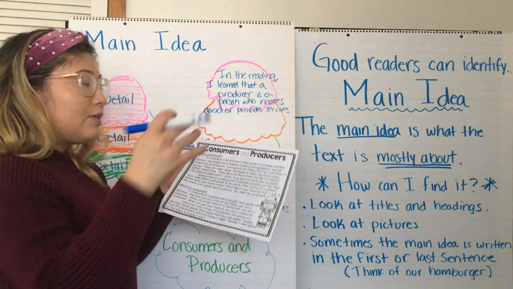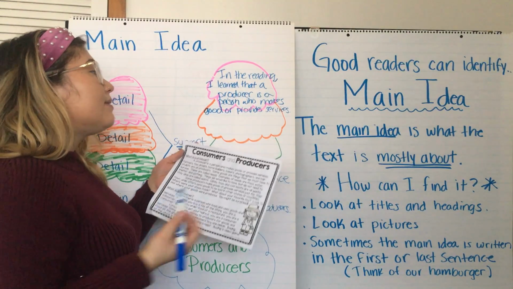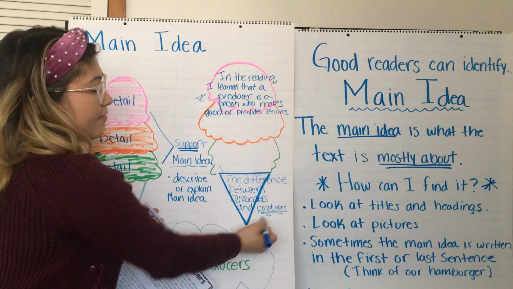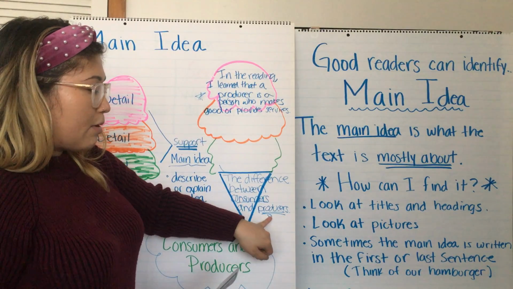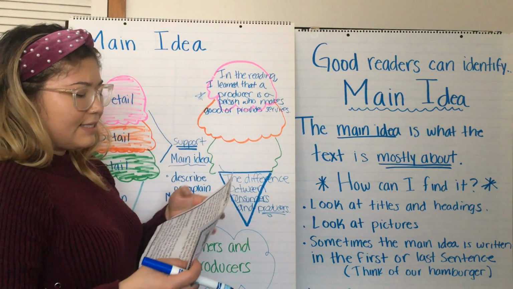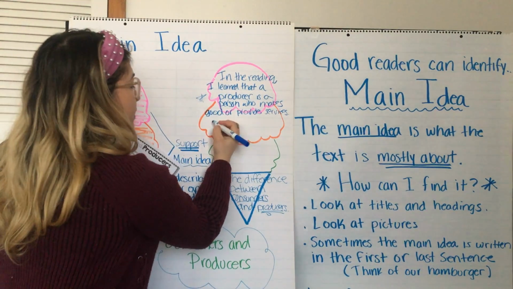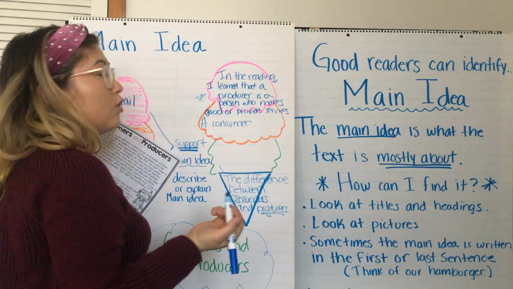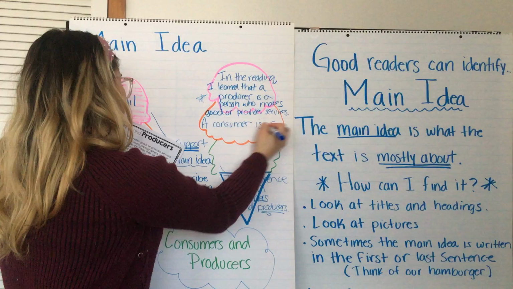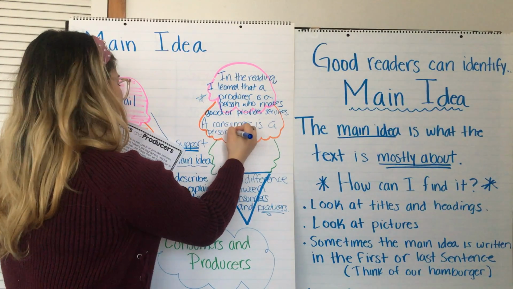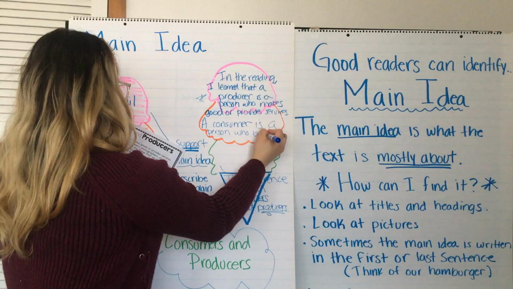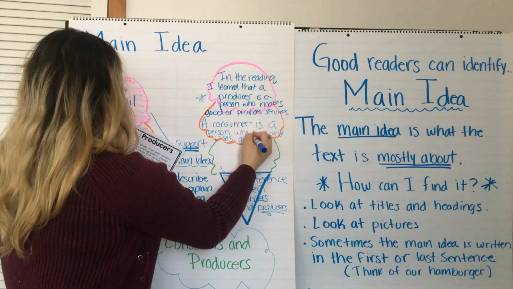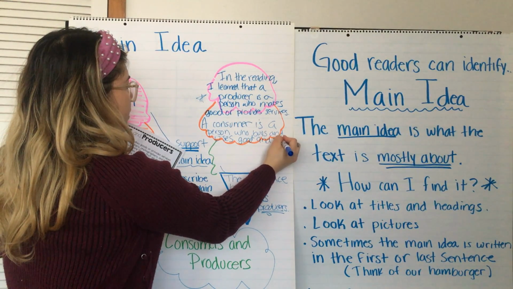Now, that was one of my details. Now I'm going to go back to the reading and find another one. We already described what a producer was, right? Our main idea says consumers and producers. I gave my readers a detail about producers. Now I'm going to go back and find something that I can tell them about consumers. A consumer, and you know this, a consumer is a person who buys and uses goods and services, right?